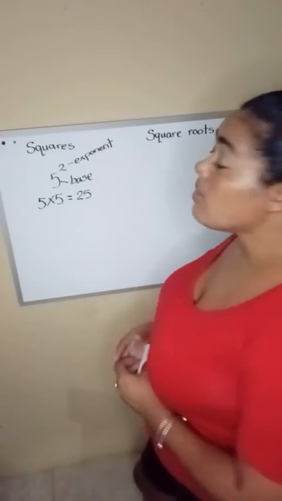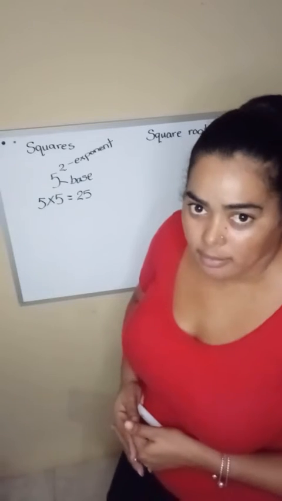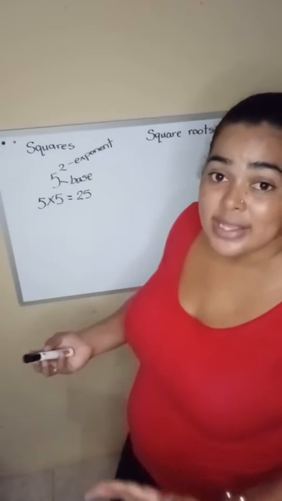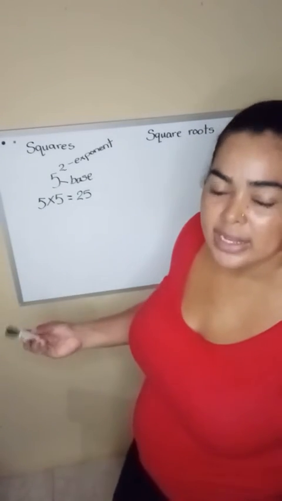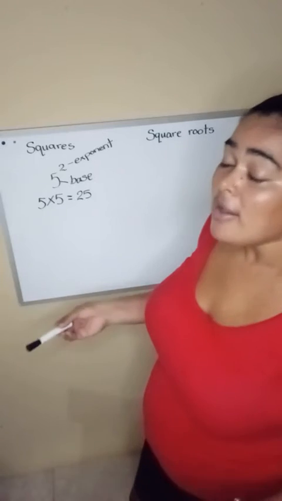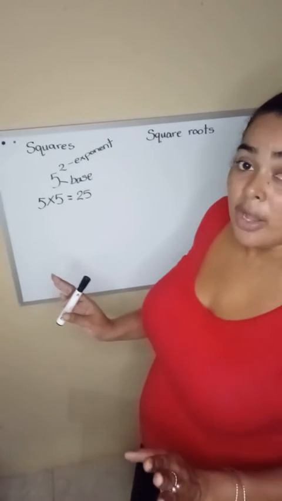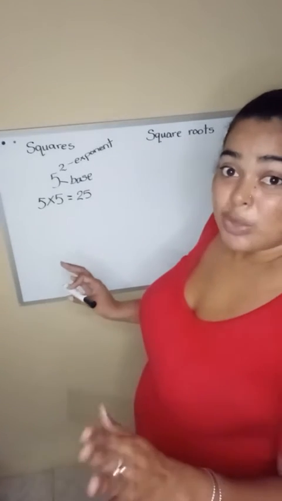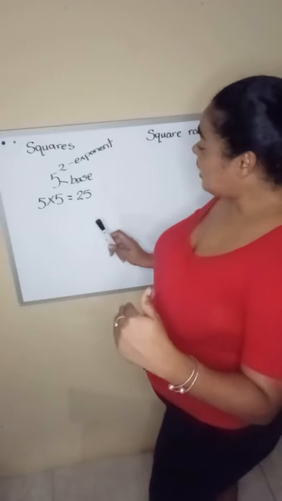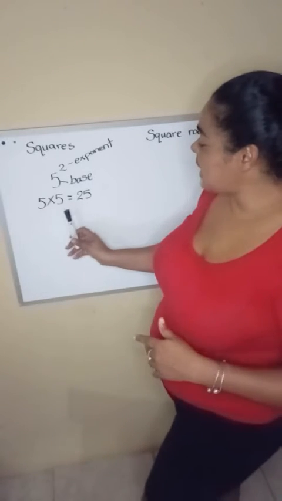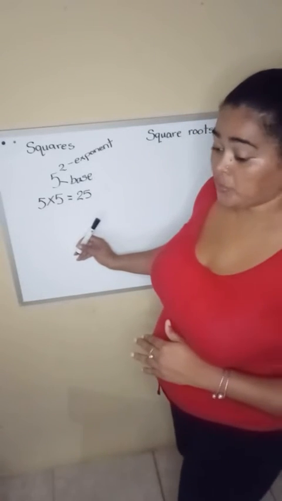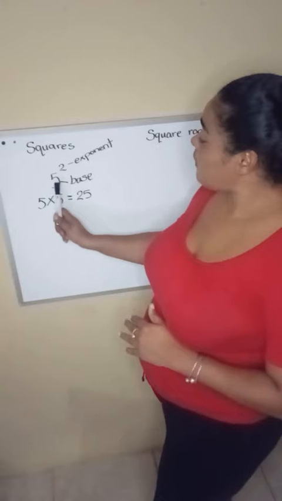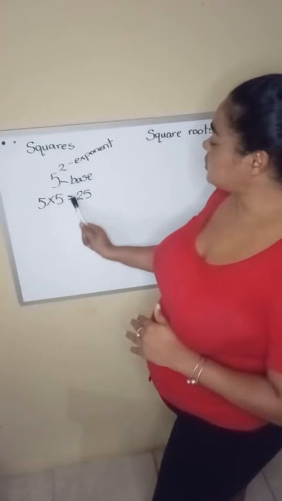So, a number is a perfect square when it can be multiplied by itself 2 times. Okay? So 5 squared would give us 25.